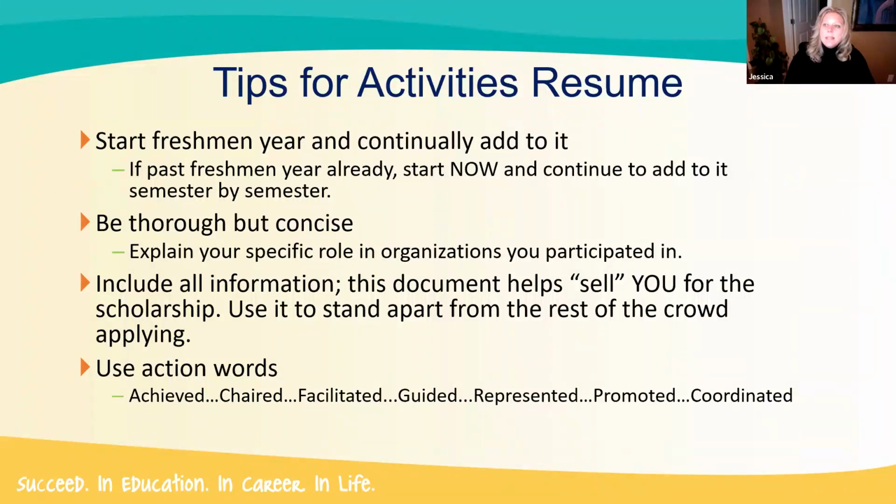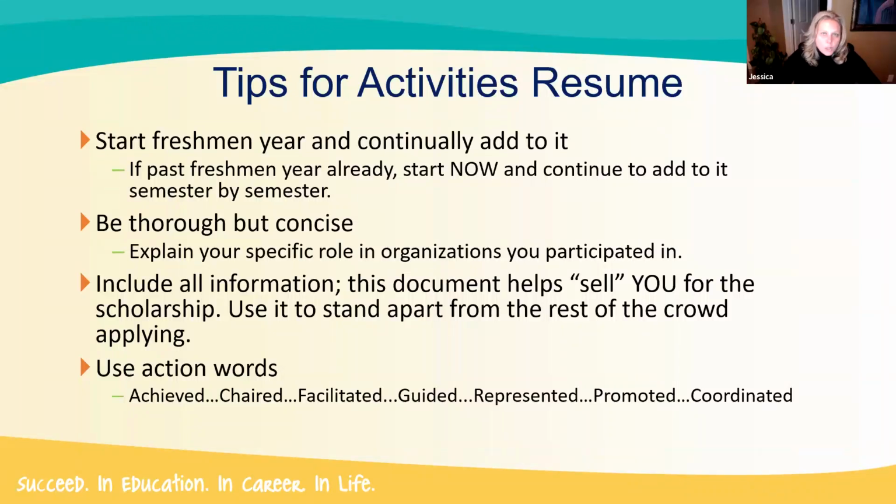Now, you want to be concise, you want to be thorough, add everything, but concise and right to the point. Get to the point of it. Explain your specific roles in organizations that you participated in and include all information. This document is going to help sell you to that crowd. It's going to help you sell you to the scholarship and use it to set you apart from the rest of the crowd.